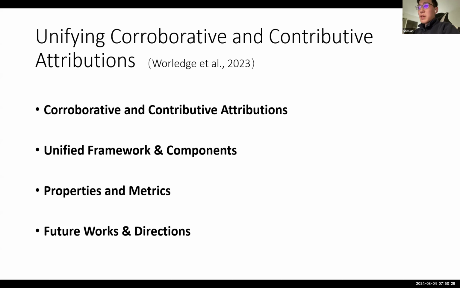In this paper, we'll briefly describe the definition of these two kinds of attributions, and we'll introduce a unified framework in detail for them. We'll also talk about some properties and metrics and future directions for this domain.